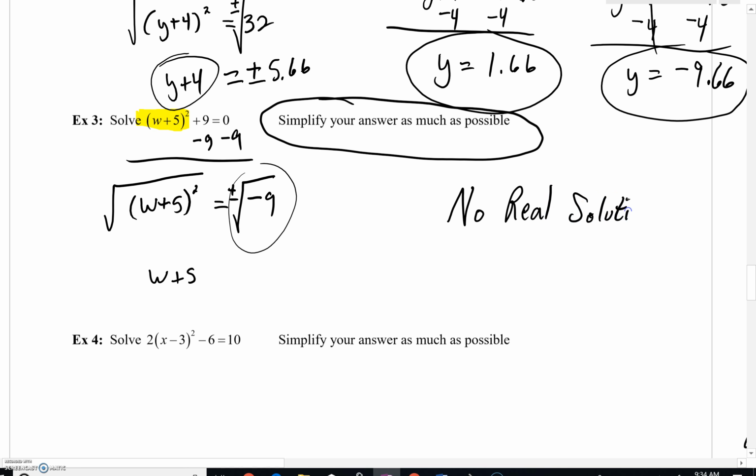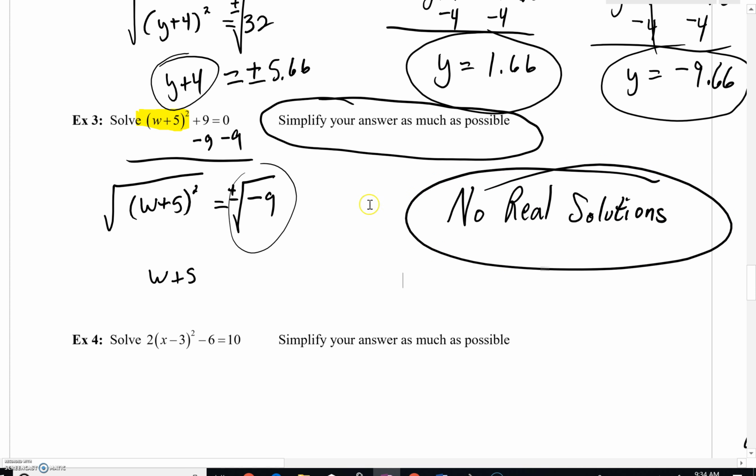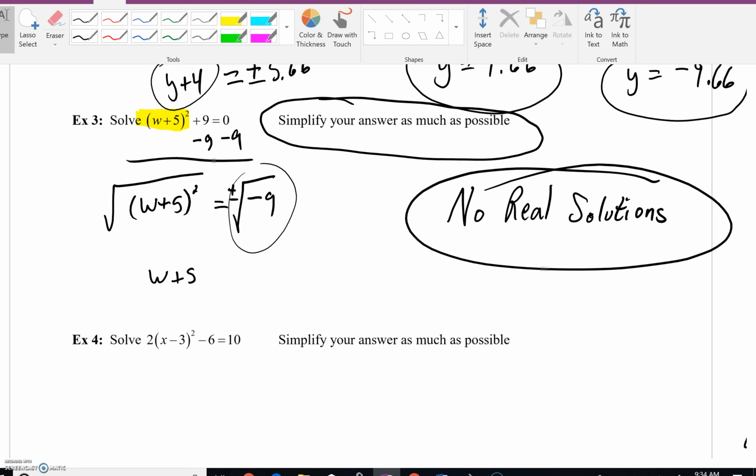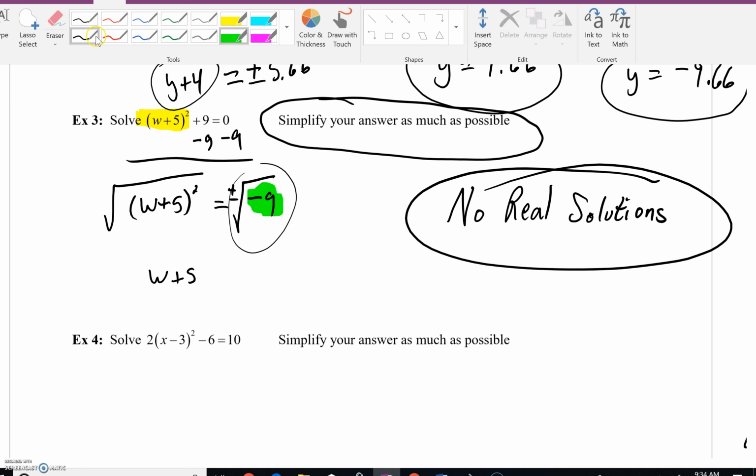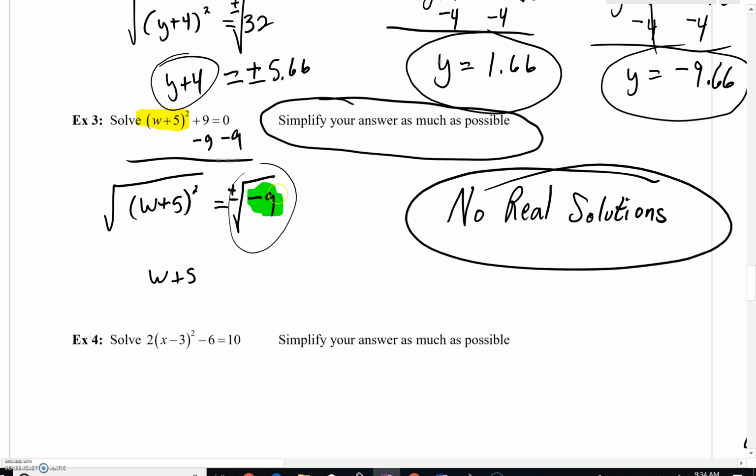And that, of course, will be one of the options that you can select in ALEKS. Bottom line is this: whether you're simplifying or answering to the nearest hundredth, if you have a problem where you need to take the square root of something negative, that's not going to work out, guys. You're going to get no real solution situation. Okay, so there's no solving this.